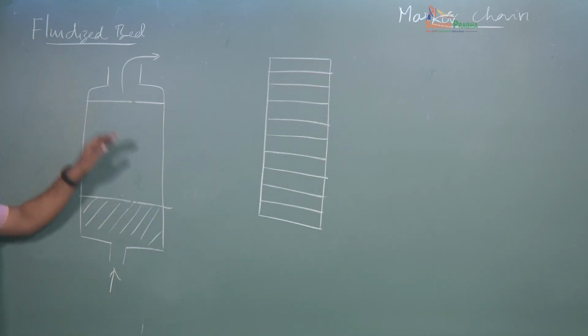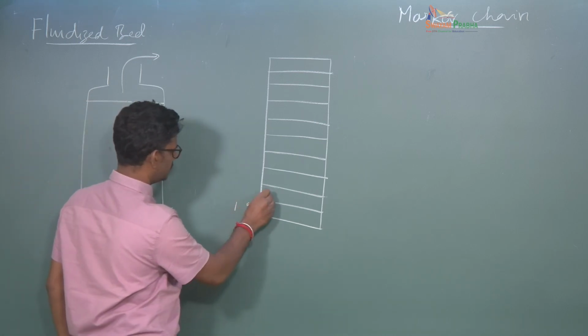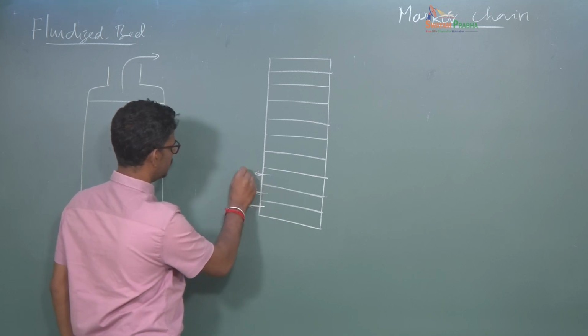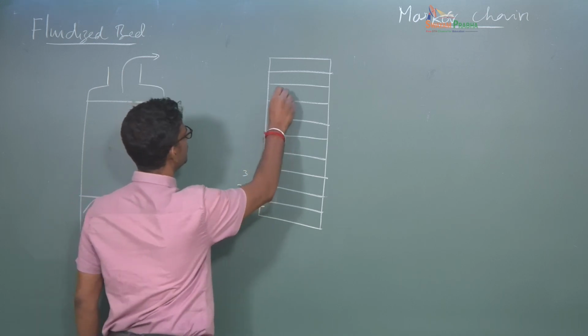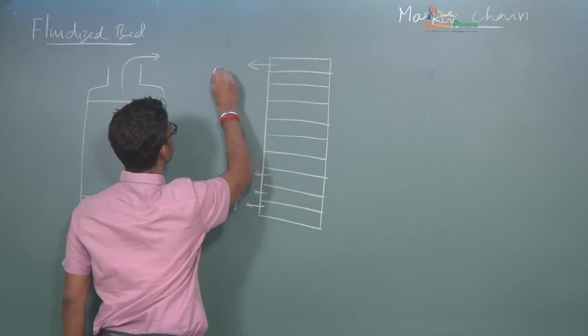So this entire column is broken into some n number of horizontal cells. We say this is cell number 1, 2, 3, 4, 5, 6, 7, 8, 9, 10 and so on. In fact we will say this as n plus 1.